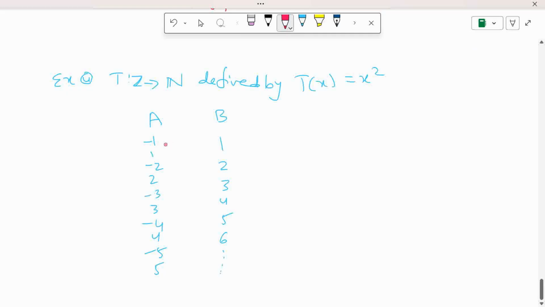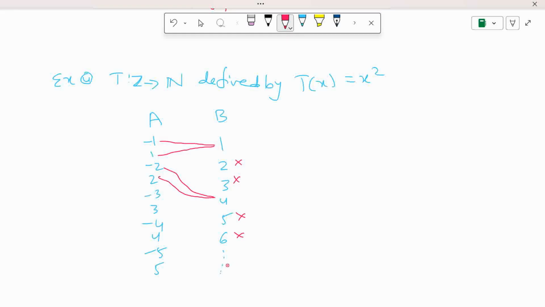Now we can map like this, but we cannot map 2 to any number. 3 we cannot map because square root of 2 is not an integer, square root of 3 is not an integer, and 4 we can map to minus 2 and 2 like this. 5, 6 we cannot map.